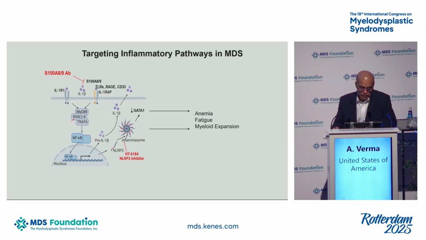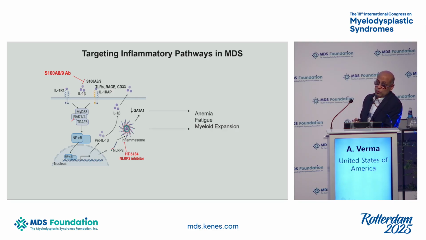So just to summarize, the two pathways that we've focused on in our lab: S100A8/A9 heterodimers, also known as alarmins, DAMPs, calprotectin, with a specific monoclonal antibody-based approach, and then targeting the NEK7 NLRP3 inflammasome with a small molecule.